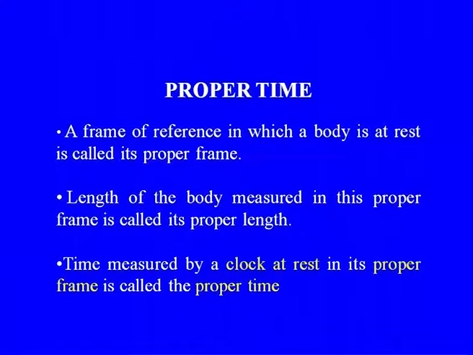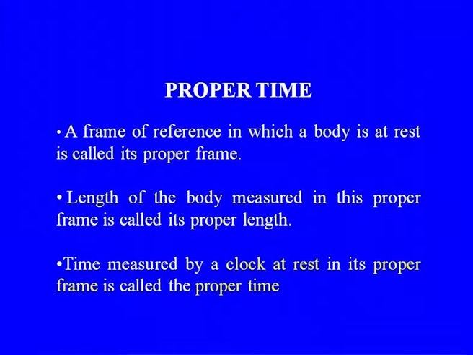Having seen this, let's have a look at what proper time is. So what's a proper frame of reference? A reference frame in which a body is at rest is called its proper frame. We also know what a proper length is: the length of the body measured in this proper frame is called its proper length.